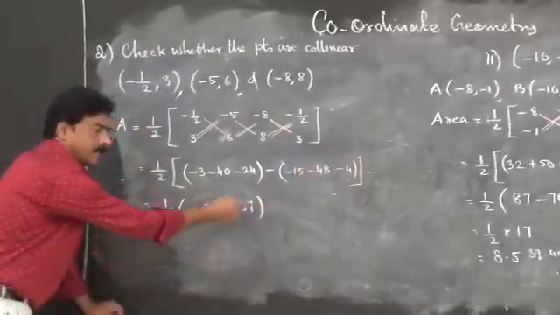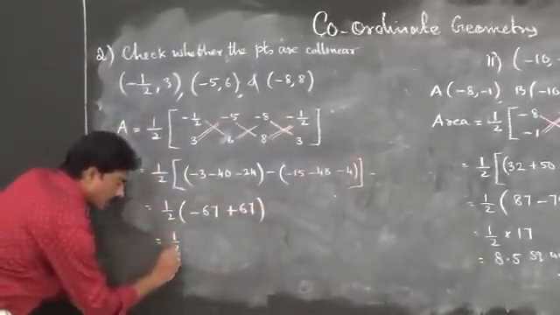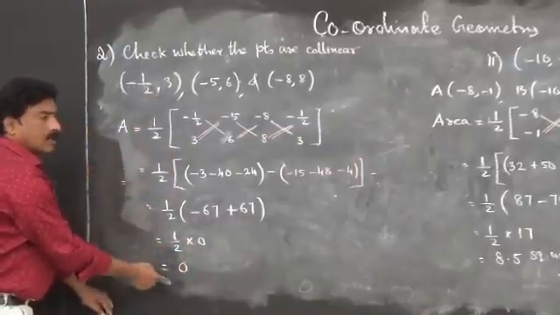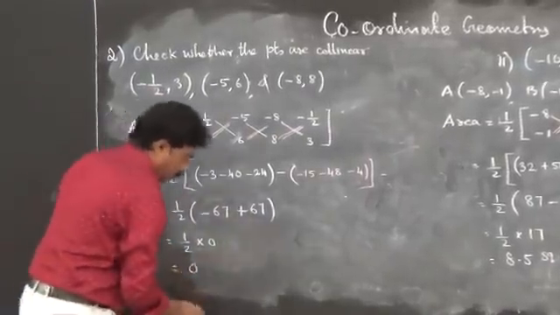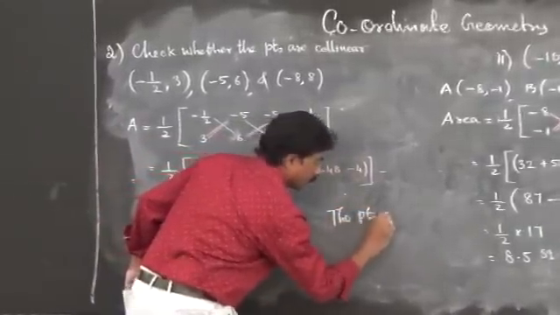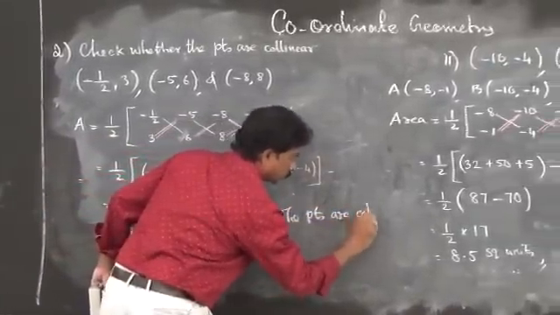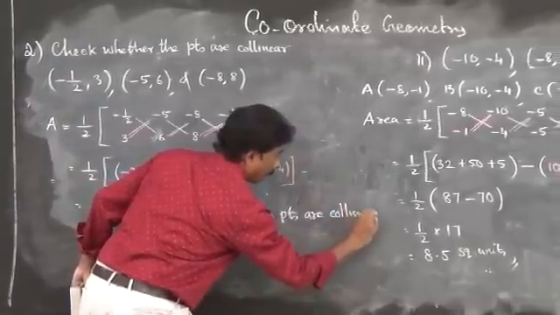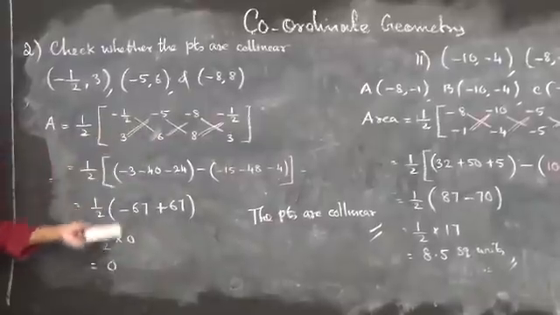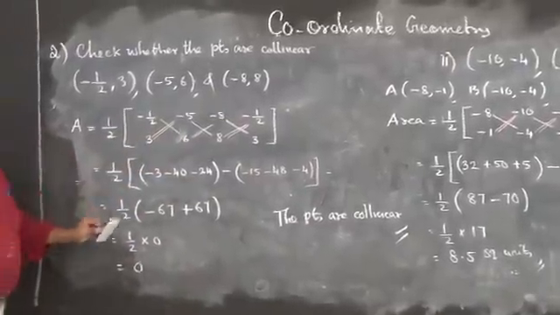So minus 67 plus 67 is 0. 1 by 2 into 0 is 0. So the area of the triangle is 0. Therefore the points are collinear. Same thing: find the area of the given points; if the area is 0, the points are collinear.